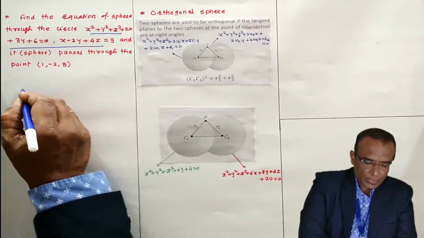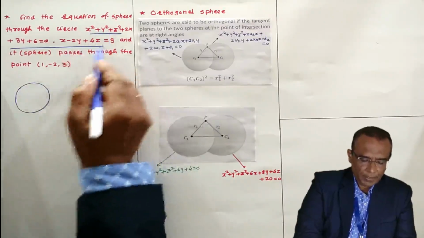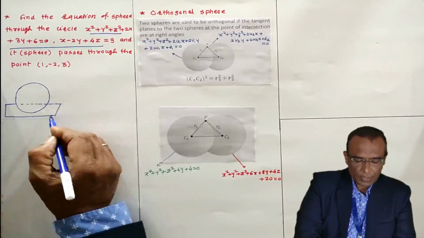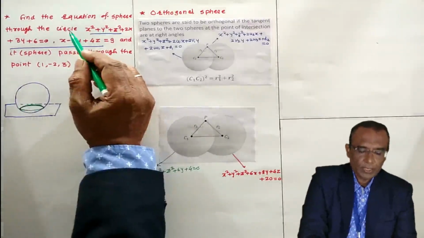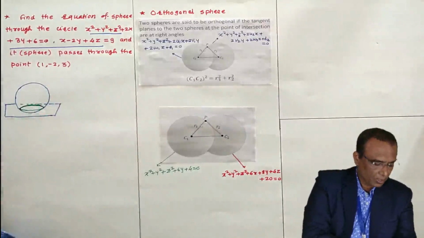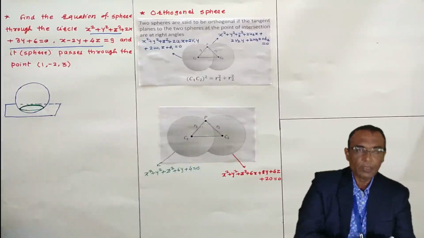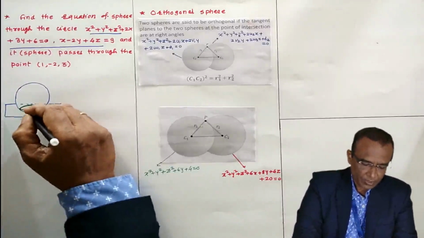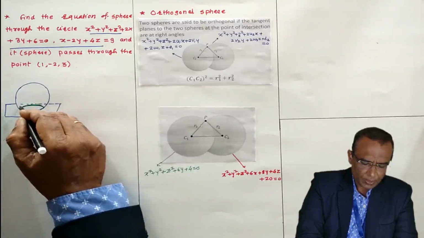Here the situation is like this: this sphere is given to you, and the plane is going to intersect it, and the intersection of the sphere and the plane is a circle. We want the equation of the sphere which passes through this circle, which means the circle is lying on the required sphere.